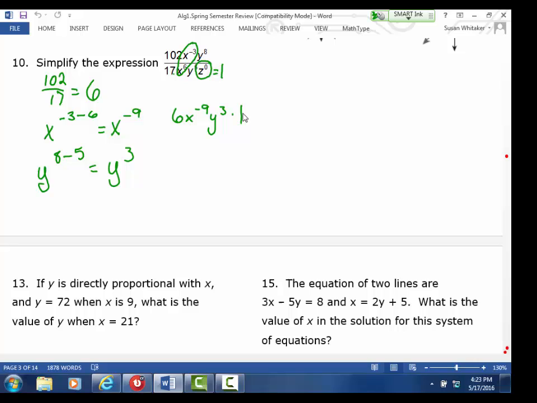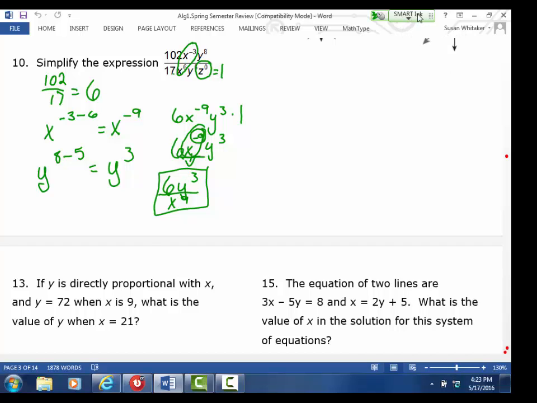Okay, well, multiplying by 1 doesn't change anything, so I'm just going to rewrite that as 6x to the negative 9, y to the 3rd, and then I remember I'm not allowed to have a negative exponent in my simplified form, so to get rid of that negative, I have to write the reciprocal of x to the negative 9, which means I'm going to bring this term down below and be dividing by it. So that would be 6y to the 3rd over x to the 9th. Okay.